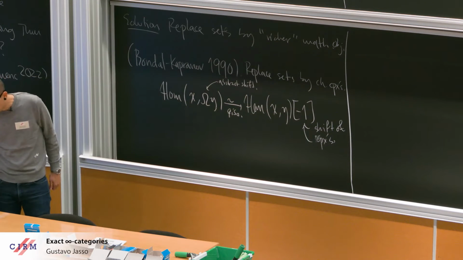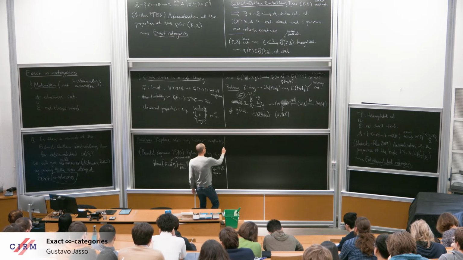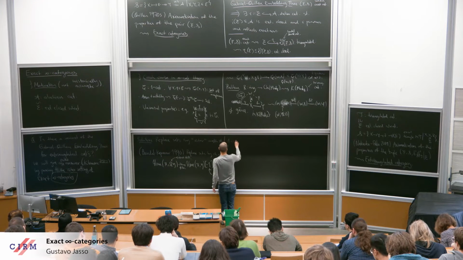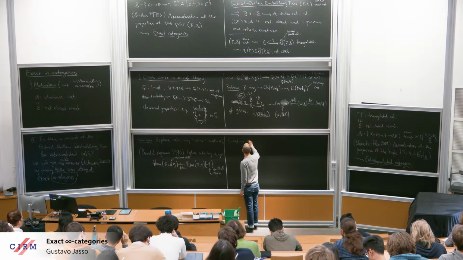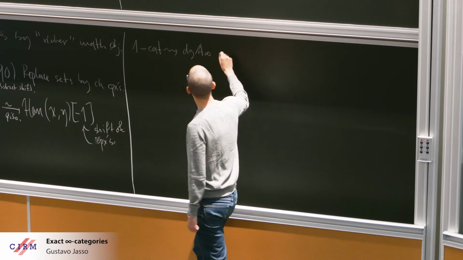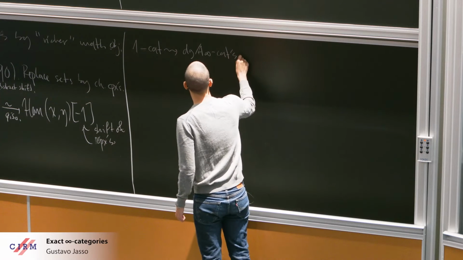So this is the DG approach. This is the idea of replacing categories by DG, or more generally, so-called A infinity categories.